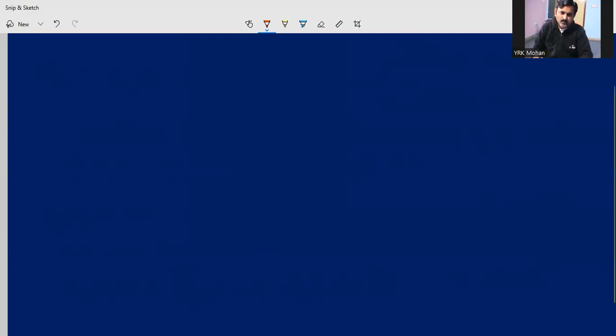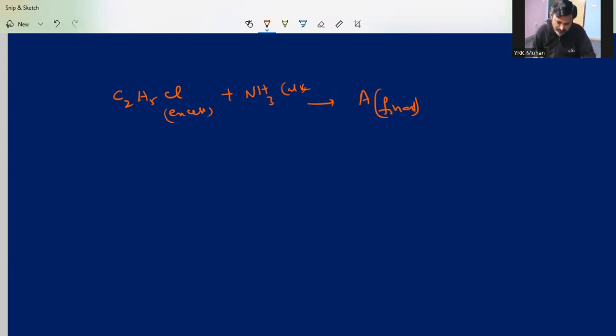Similarly, we have a question with excess C2H5Cl treated with NH3, ammonia, in alcoholic condition, giving finally A. A is the final product. It asks what the covalence of N in A is.